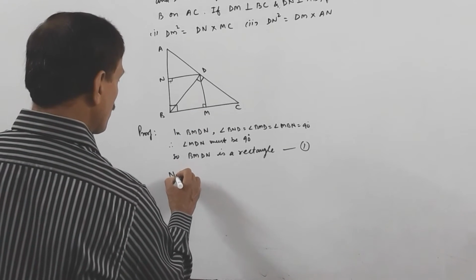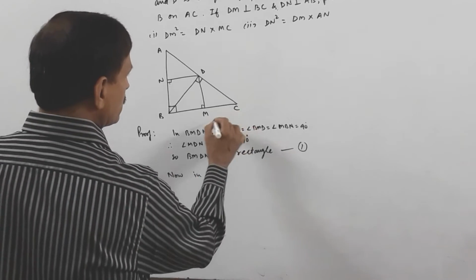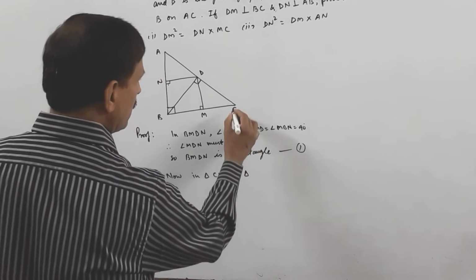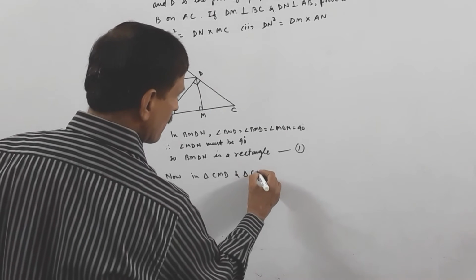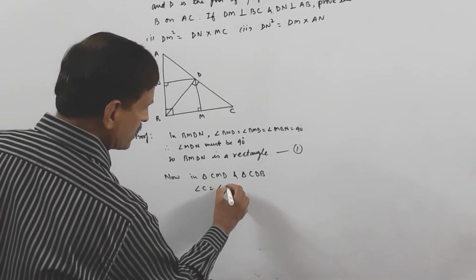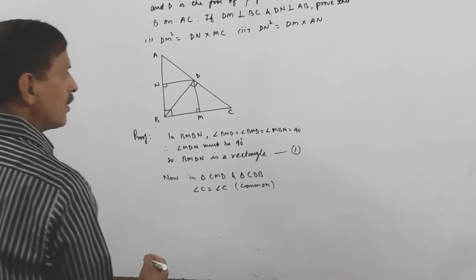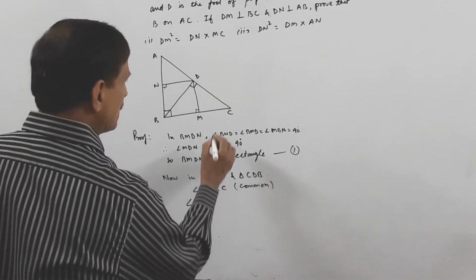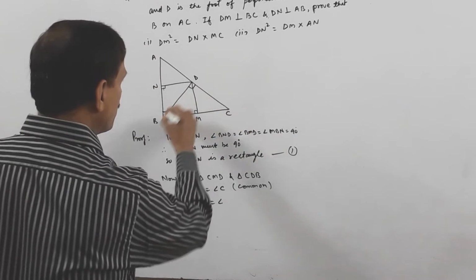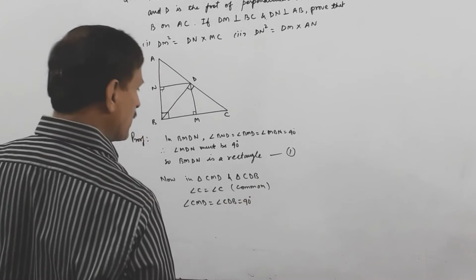Now, in triangle CMD and triangle CDB, angle C is equal to angle C common, angle CMD is equal to angle CDB, 90 degree.